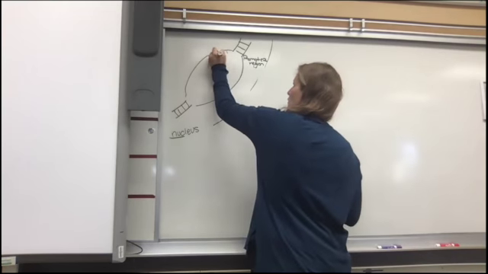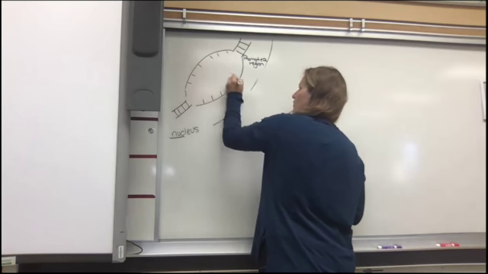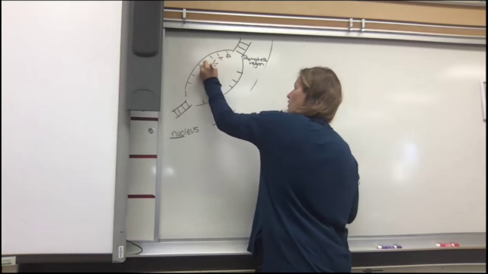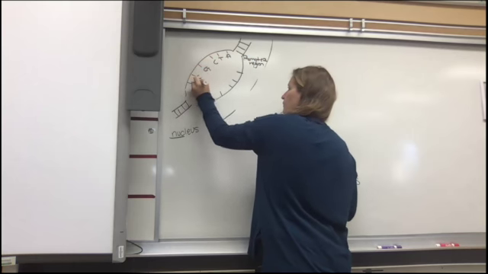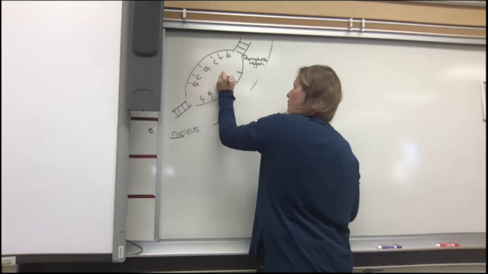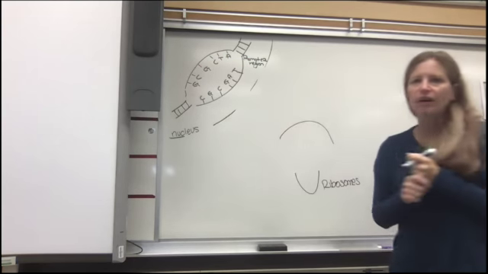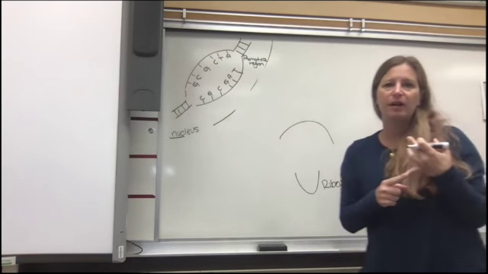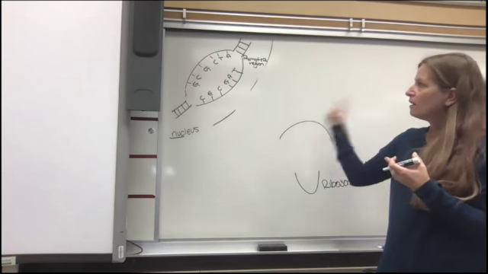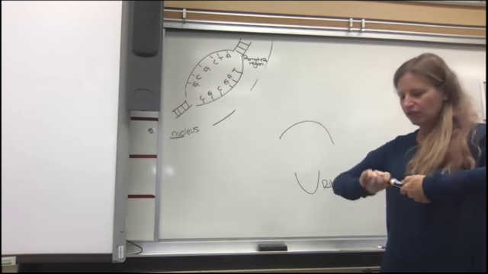And I'm just going to throw some random nucleotides in here so we have something to play with. Remember, on our DNA, A always bonds to T, C always bonds to G. Here we go. I've opened it up. Here's where the gene is.